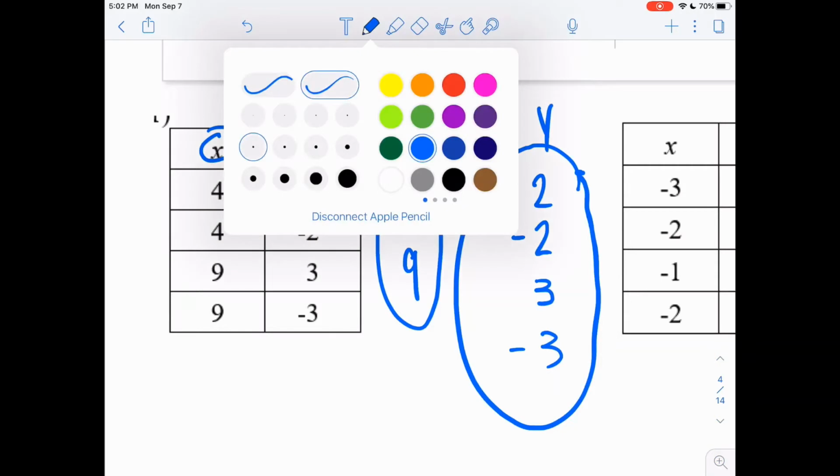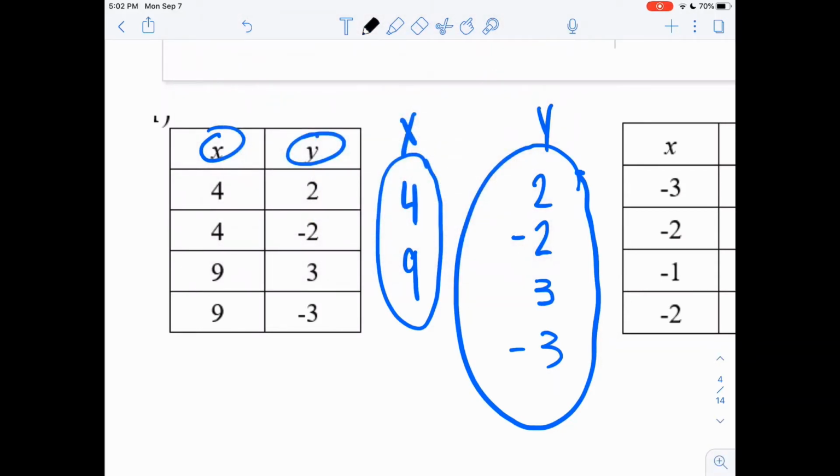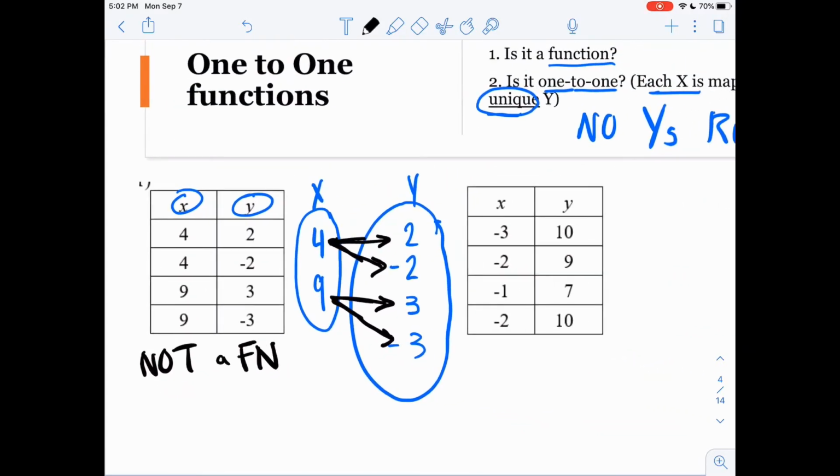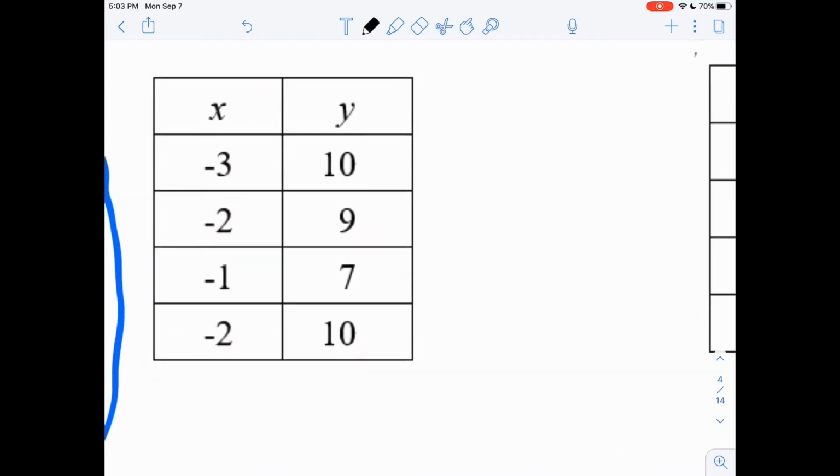If I map my inputs to their outputs, I'm going to see that this is not a function because my inputs have more than one output. So this one is not a function. So we can stop right there and move on to the next table.